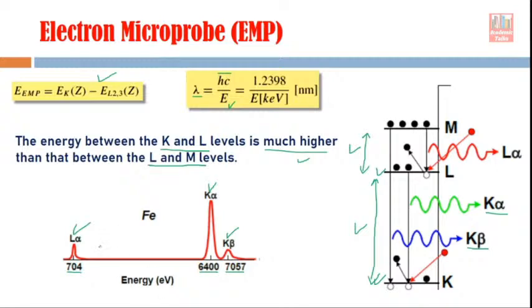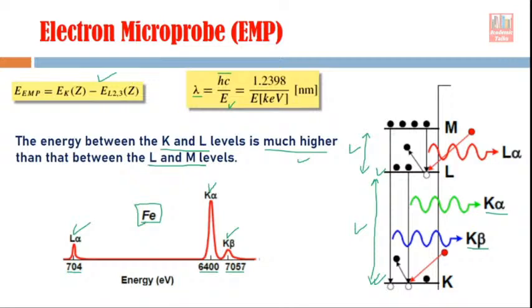If you get this kind of spectrum, you can identify that it corresponds to the presence of iron in the sample material. So I think now you understand how we identify the presence of an element in a sample with the help of X-rays which come out of the material when it interacts with the high energy electron beam.